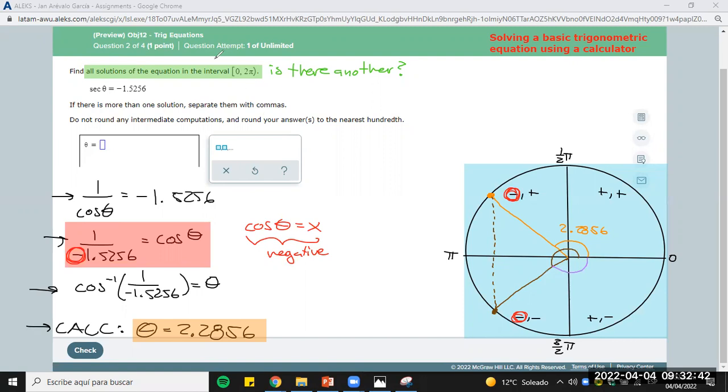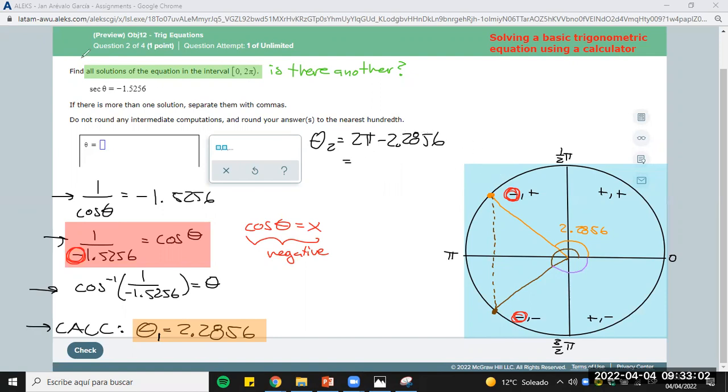So let us call the first solution theta 1, and the second solution will be theta 2. That will be 2 pi minus 2.2856.